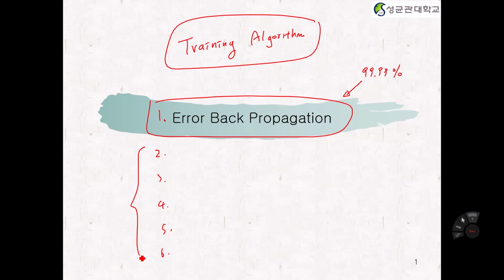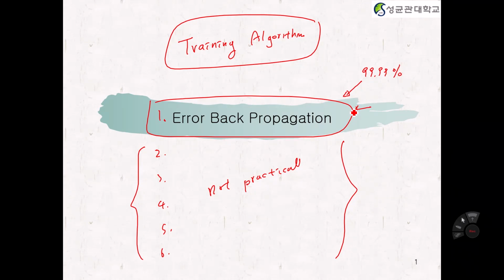Theoretically, they were successful, but from a practical viewpoint they failed. There are many algorithms, but they are not practical. Error back propagation is the practical algorithm, so that's why most people use it. So this time I'll talk about the error back propagation algorithm.